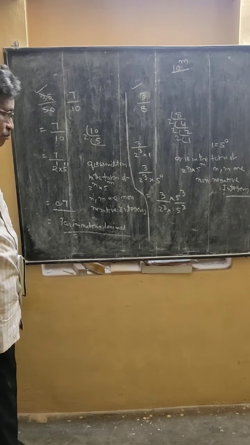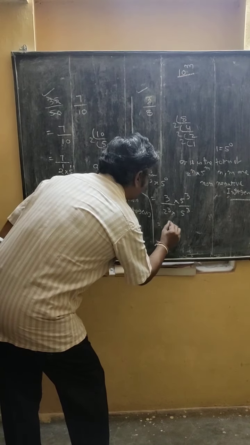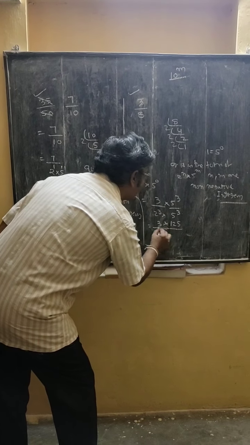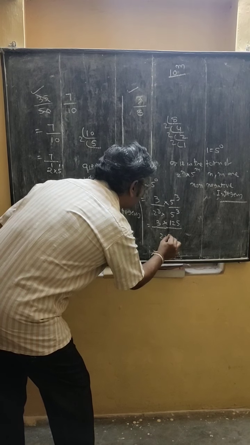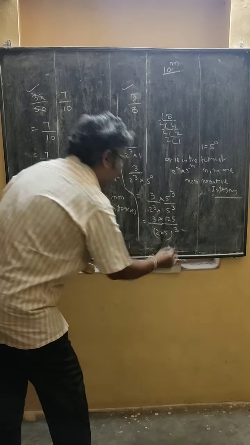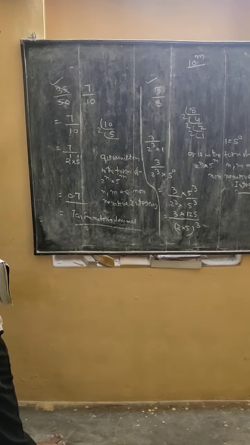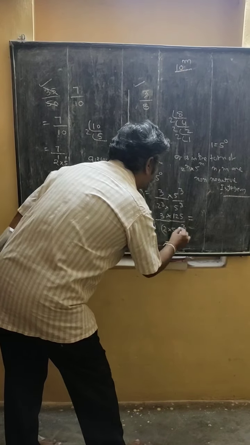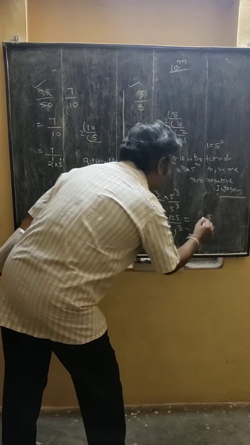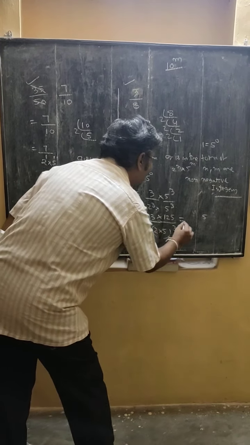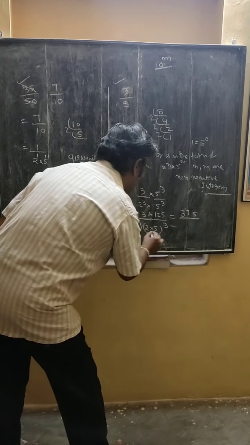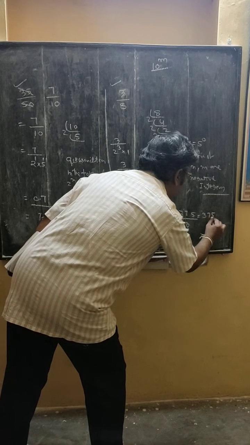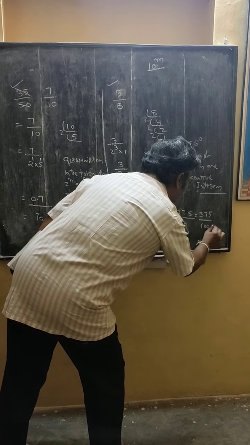Then what happens here? 3 into 5 cube means 375. 2 cube into 5 cube is 2 into 5 whole cube, that is 10 cube. 3 into 125: 3 fives are 15, 3 twos are 6, plus 1, 375 by 10 cube. That is equal to 375 by 1000.